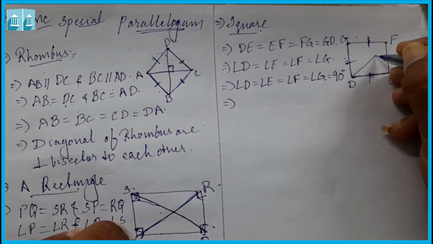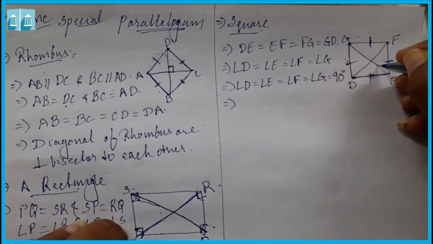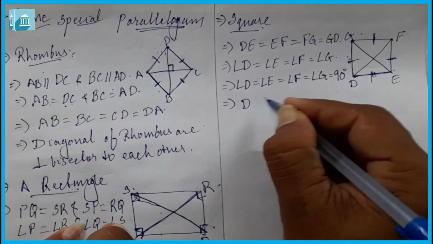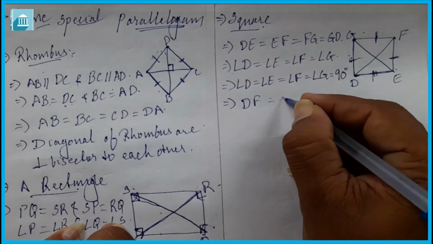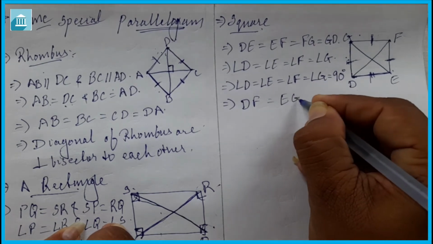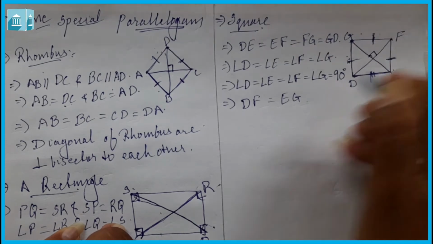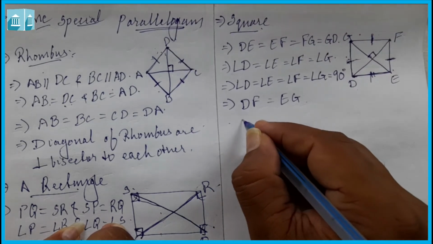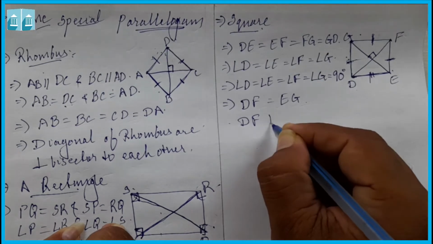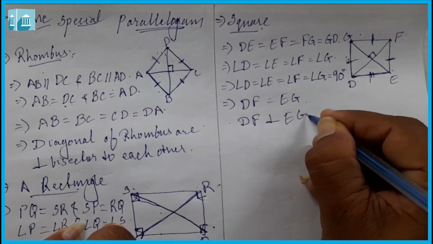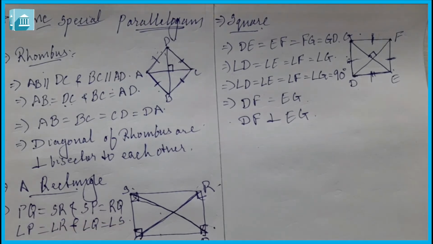Diagonals are also equal. We can say that DF is equal to EG, and the diagonals are also perpendicular bisectors. DF is perpendicular to EG.